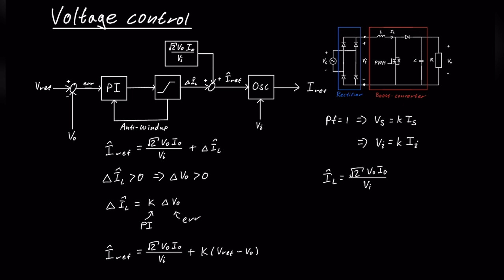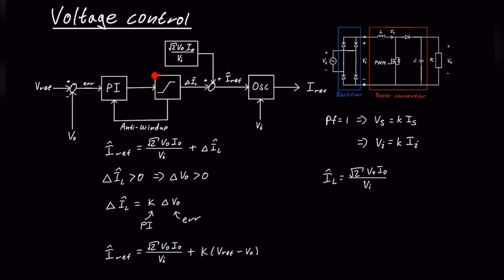Now we are finding the peak reference current, which means that the peak reference current can't be lower than 0. And that is exactly why we need this saturation here. Now, if this output voltage is a lot larger than the reference voltage, this change of current could become so small that this reference current could be less than 0, which doesn't make sense.